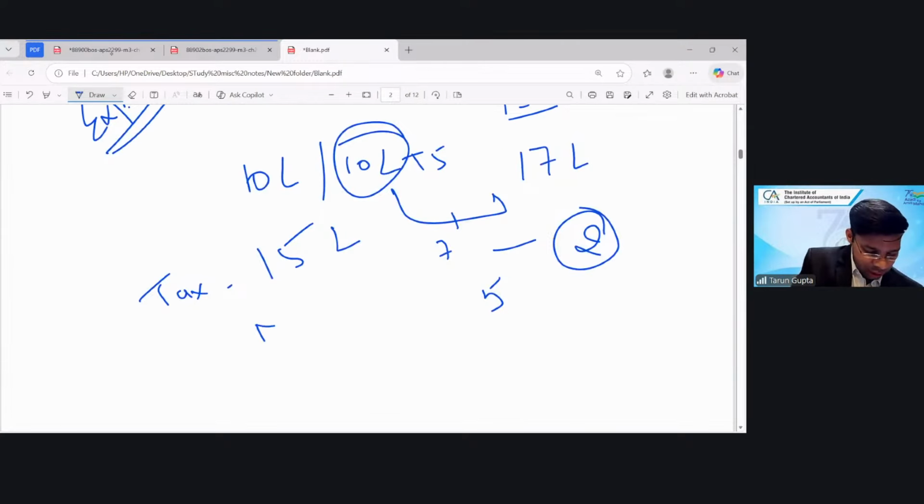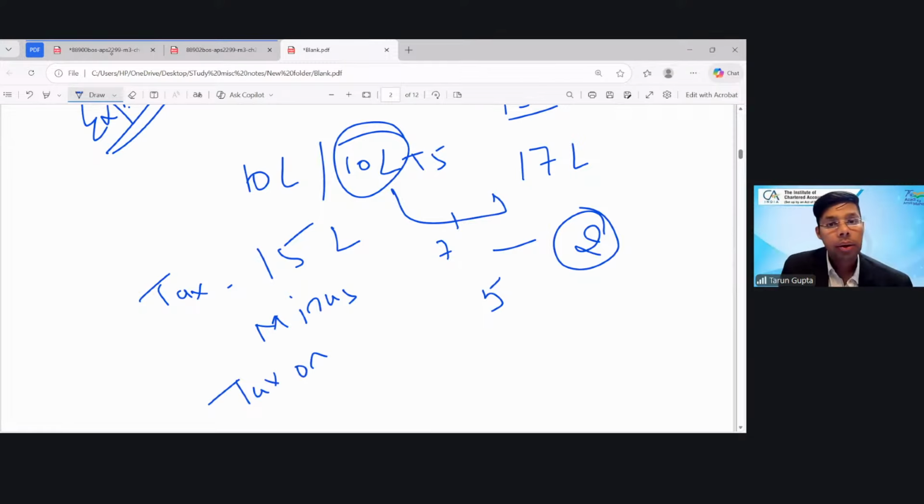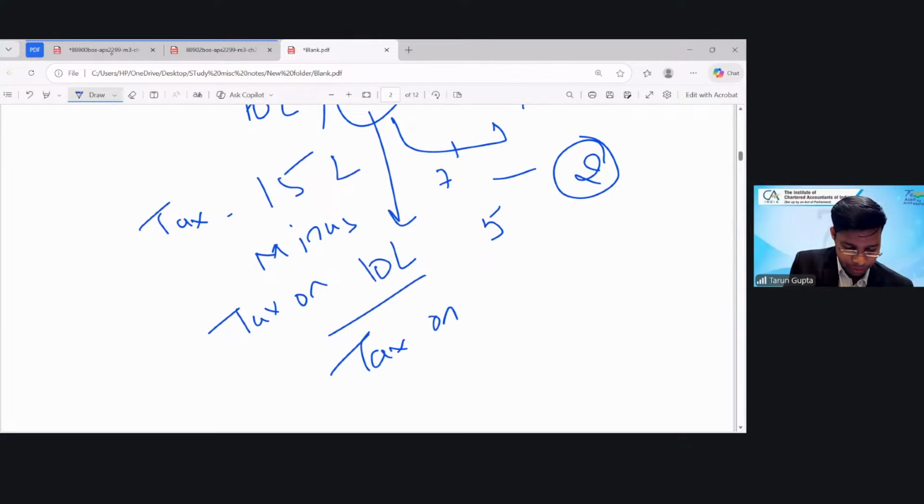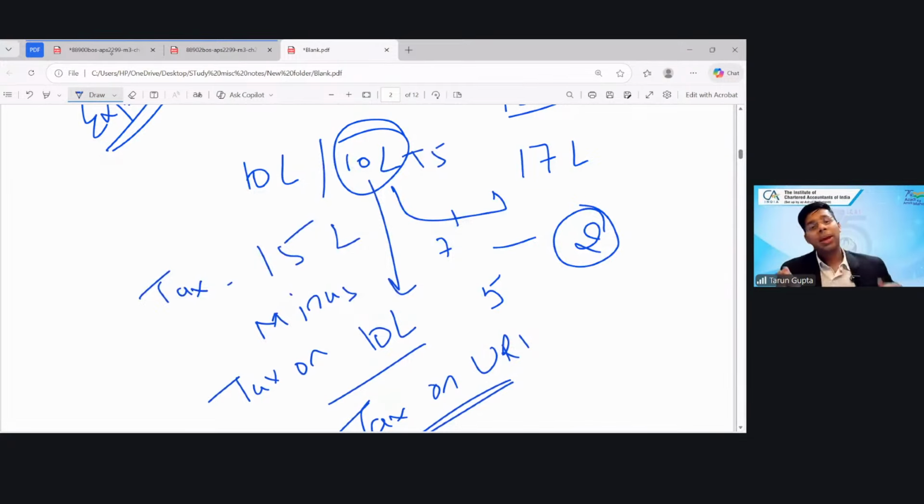Then I will reduce the tax on the income which was determined under section 143(1), 10 lakh. So this is the tax on underreported income. Understood? Whatever the starting point is, it may be the income determined under section 143(1), or the basic exemption limit if no return was filed, or the income already assessed in case of reassessment.